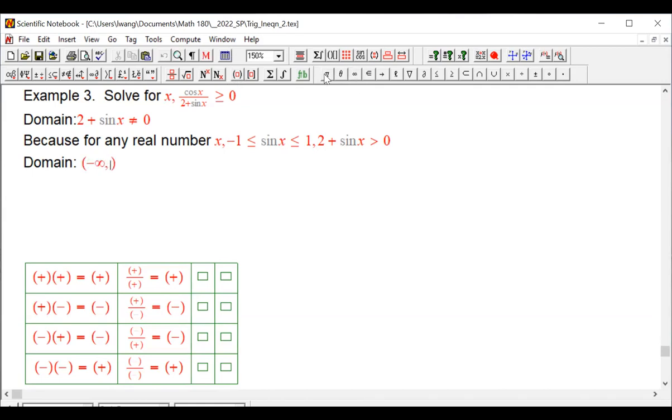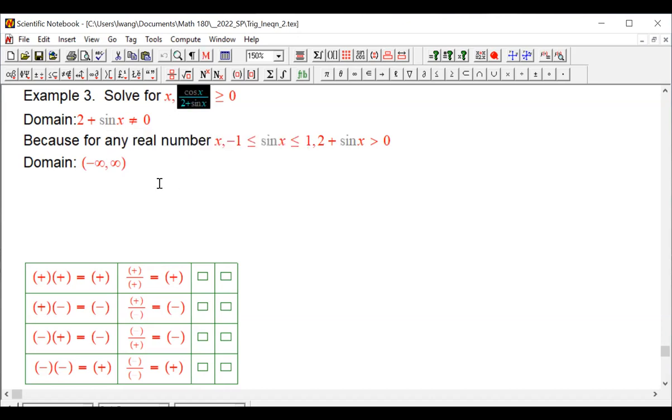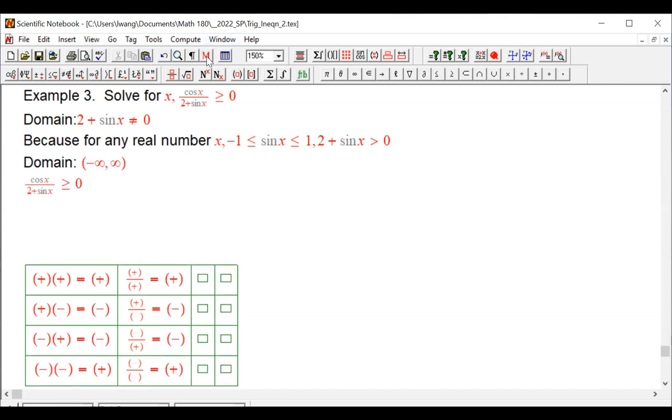So here you can see we use the property and the range of sine x to make that domain determination for this function. So the denominator is always positive, and we want the quotient to be positive or 0, right?